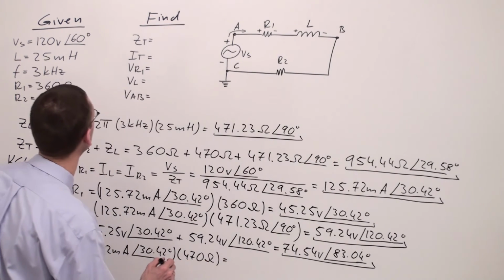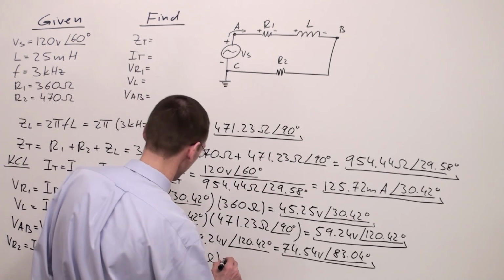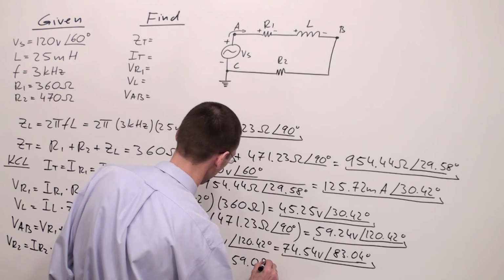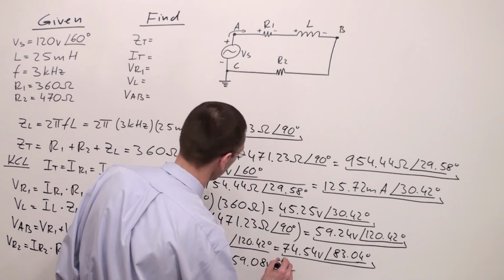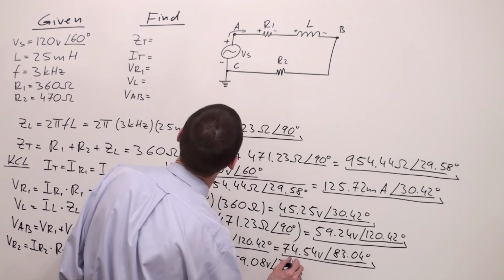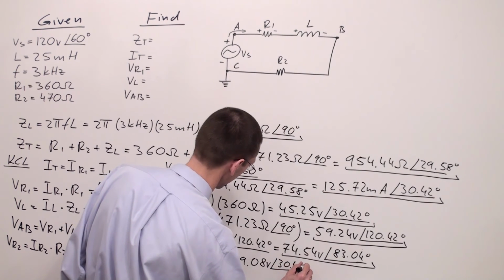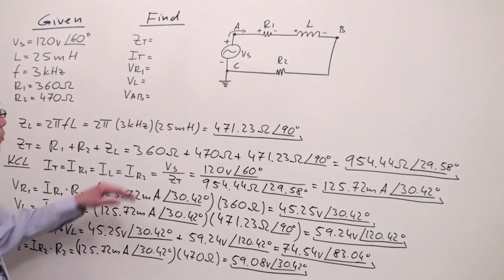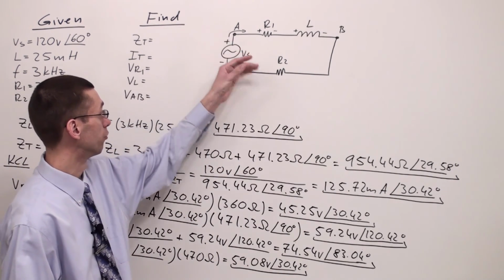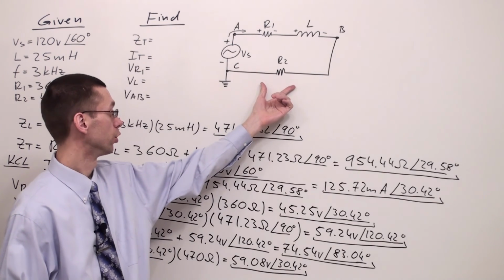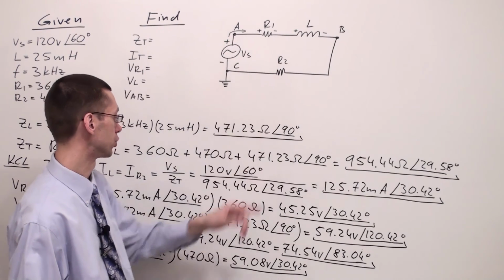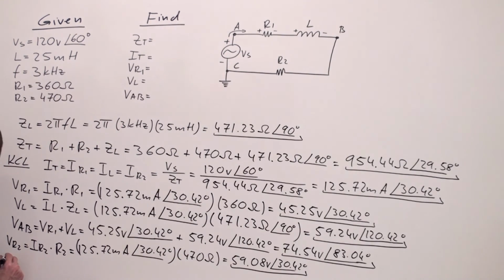And this is equal to 59.08 volts and angle of 30.42 degrees. If you subtract from the voltage source the voltage across resistor R2, you're supposed to get voltage VAB. So let's check what we are going to get.